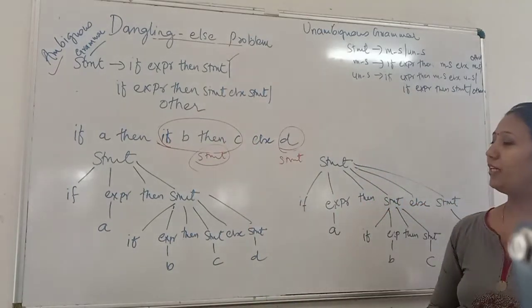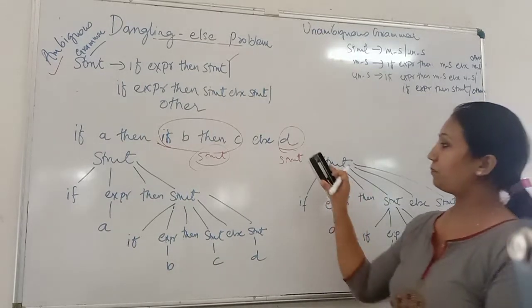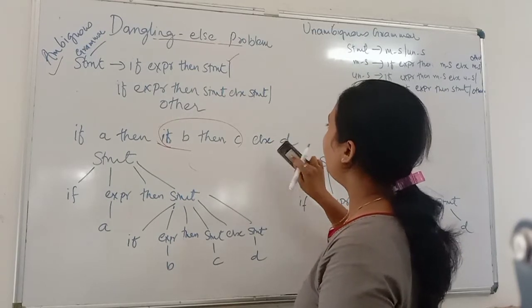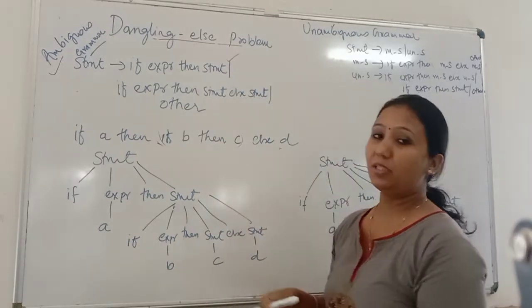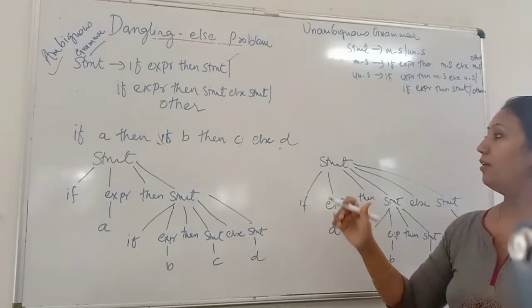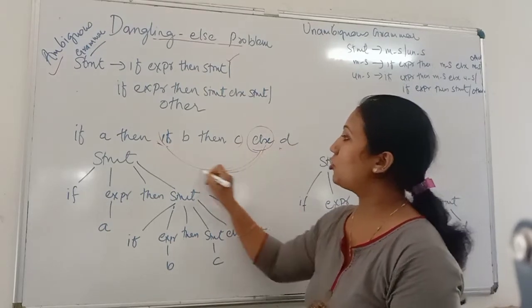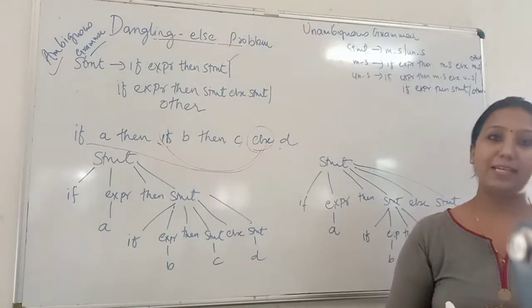In programming languages, the else is always attached to the nearest if. But here, due to this grammar, the confusion is which if the else should be associated with. That problem is called the dangling else problem.